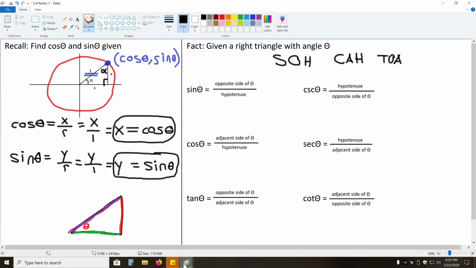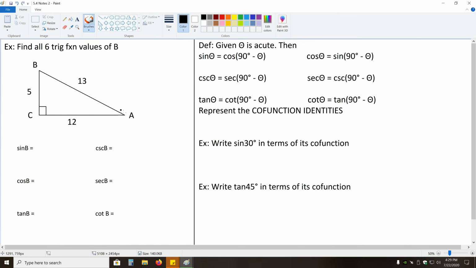So let's go ahead and try this out. We want to find all 6 trig function values of angle B. So angle B is right here. And notice that our x over r, y over r method will not work here because we don't have a right triangle centered at the origin.